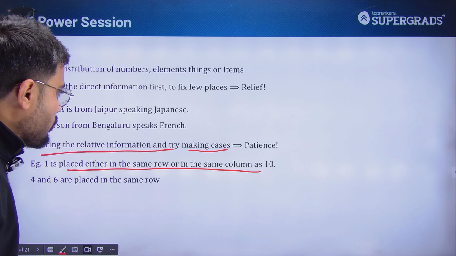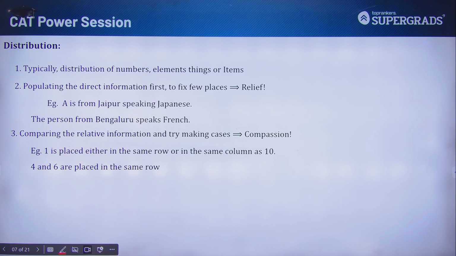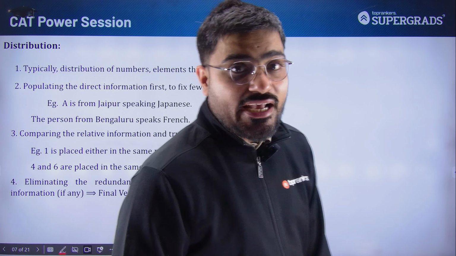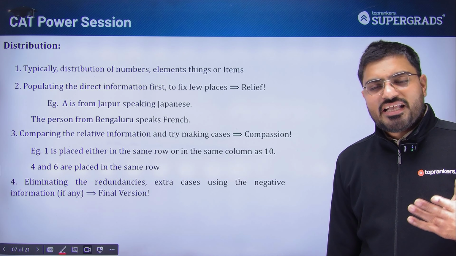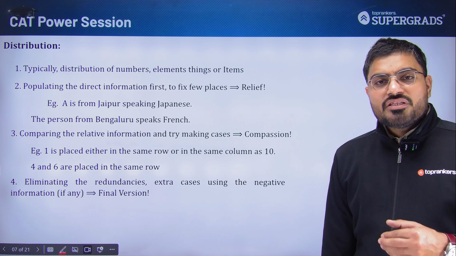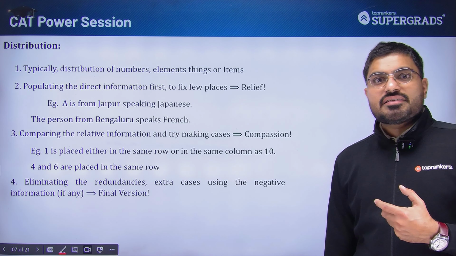Quickly, let's have a revision. Distribution is distribution of elements. First thing is to figure out the direct information. Second thing is comparing the relative information and trying to make cases. Next is eliminating the redundancies or extra cases. Since you have found multiple cases, it is not necessary every case is feasible or will exist with the given condition. There will be cases which are redundant, cases which are not useful, and cases which are contrary to the given information.